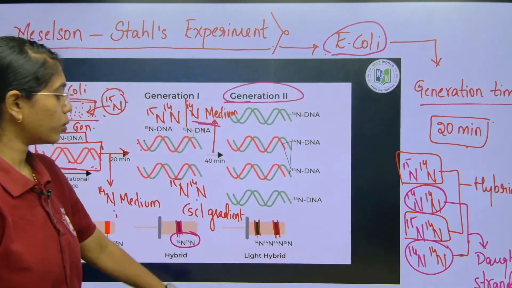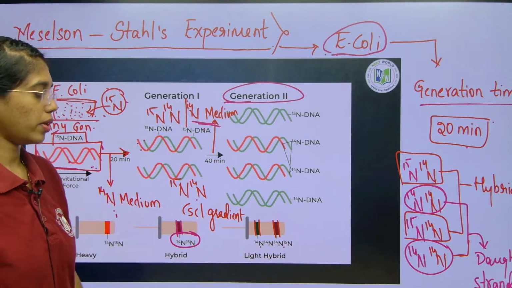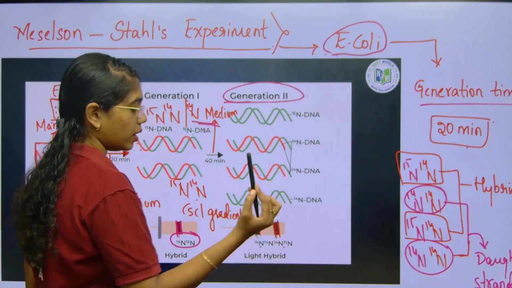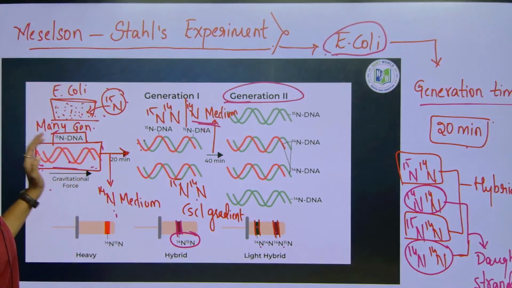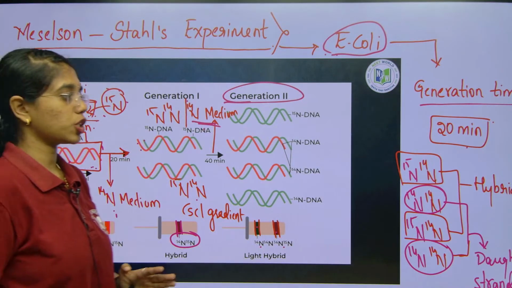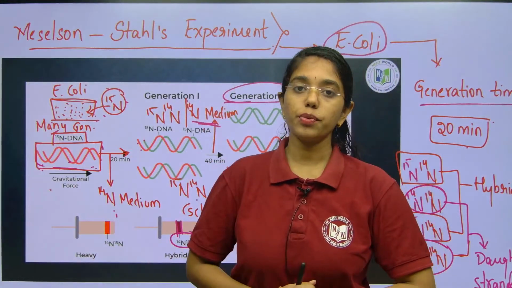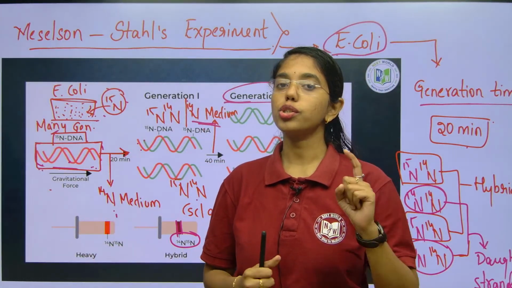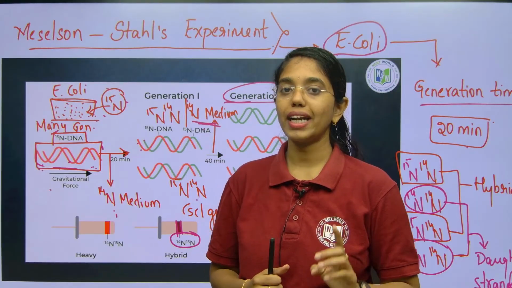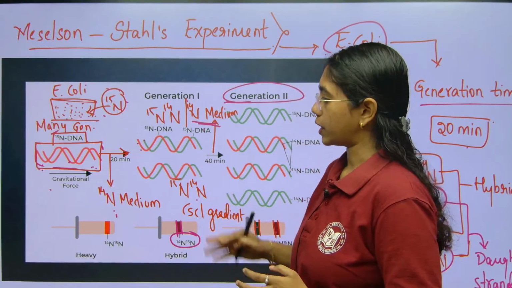Got it? You will get 2 hybrid and 2 daughter strands, one at the base and one at the top. Got it? So with this Meselson and Stahl's experiment, it is proved that semi-conservative method of DNA replication is the most widely accepted model.